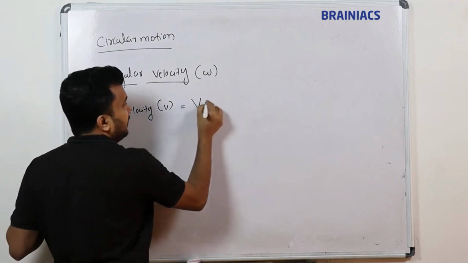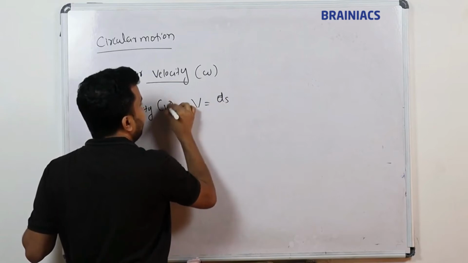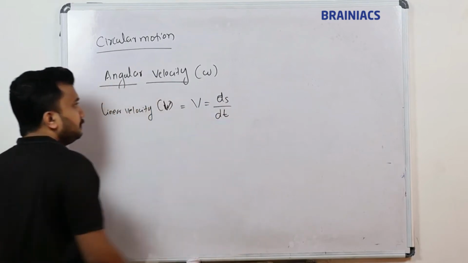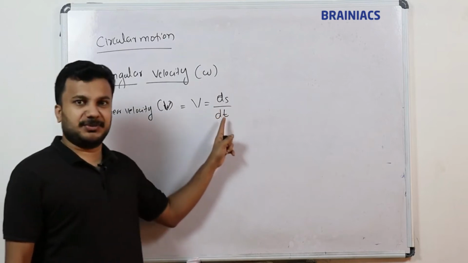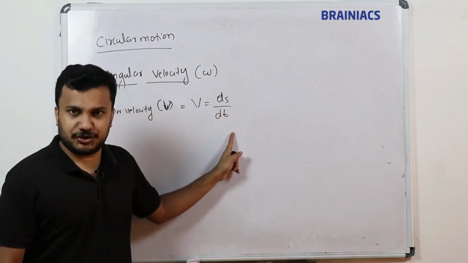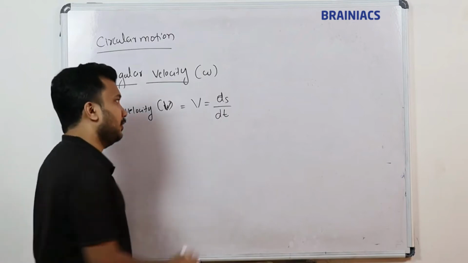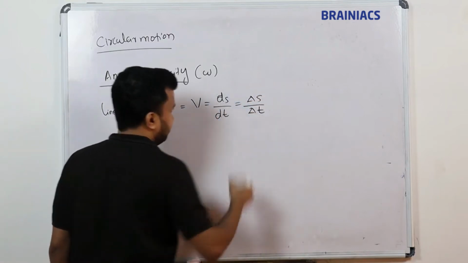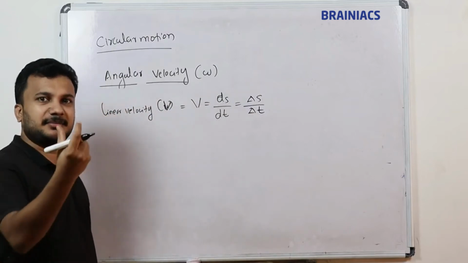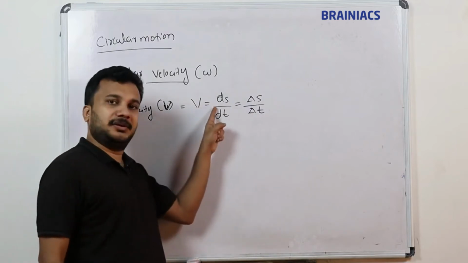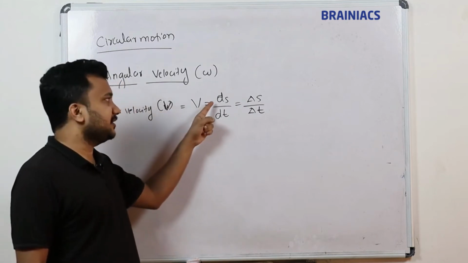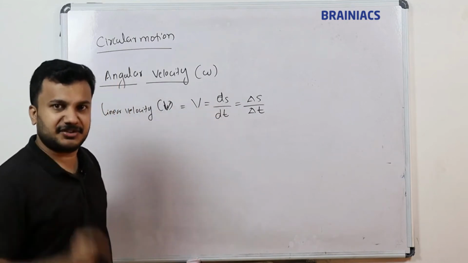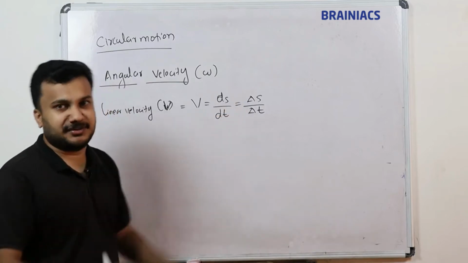We write v equals ds by dt, the rate of change of displacement. Here you use differentiation, ds by dt, or you have also seen delta s by delta t. Both are the same. Delta means difference, and in maths that is represented using differentiation, ds by dt. D means differentiation, delta means difference.